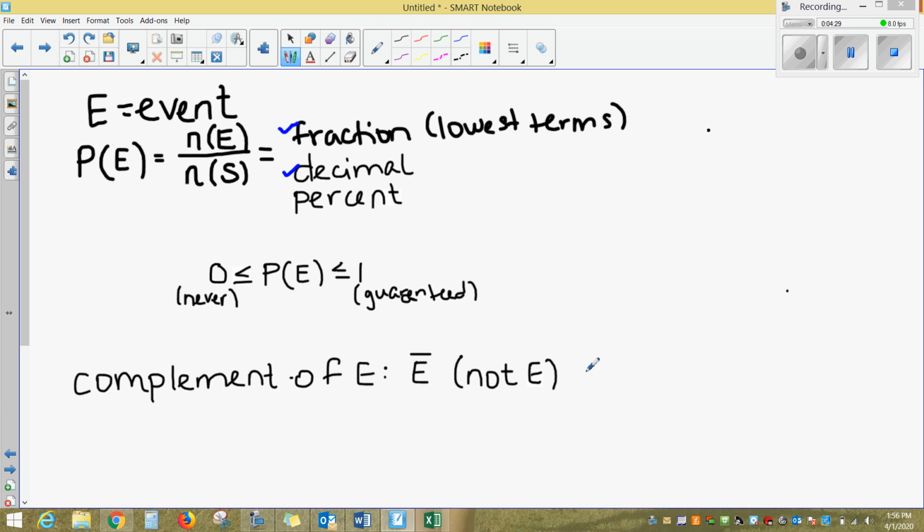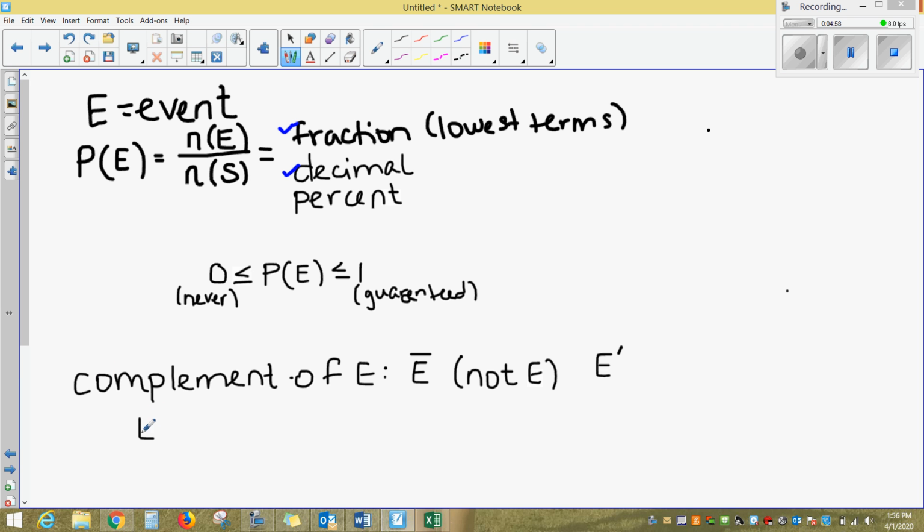Back when I took my prob and stats class, we used to call it not E. So you have E and you have not E. Now, E bar is what they use in our book. There are times that you'll see E prime used for the complement. In our college algebra text, we talk about the complement with a prime, a little hash, instead of the bar. Again, go with our book's convention, but just understand if you're reading another text, it might write the complement differently.